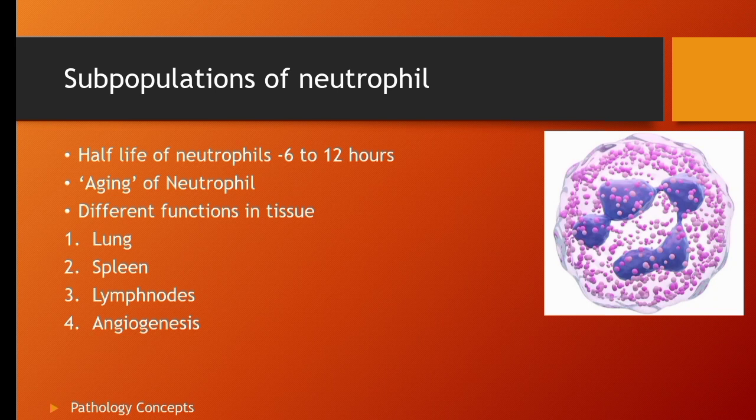They remain in the circulation for a few hours before they leave into the tissue. During this time, they are changing their phenotypes. Change in phenotype occurs from when the neutrophil leaves the bone marrow until it leaves the circulation, and in the absence of inflammation this is called aging. These aged neutrophils act as activated neutrophils similar to the neutrophils at the site of inflammation.